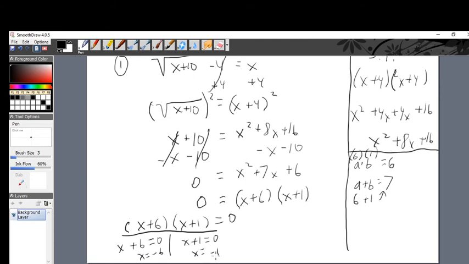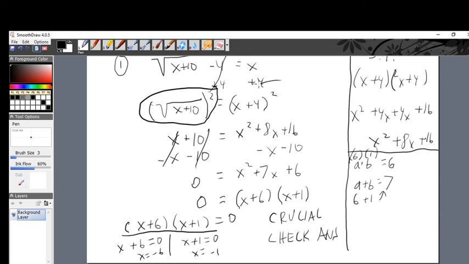Now, it is crucial that we check our answers here. Check if they're right. Because over here, we squared it. If we square something, or we multiply it by any even exponent, then it could give us a false answer.